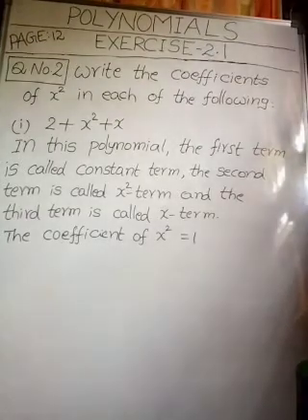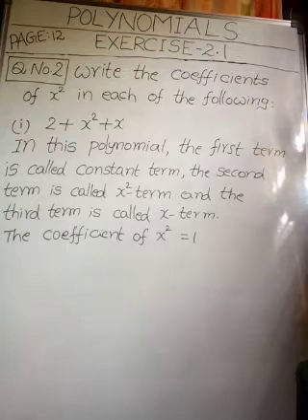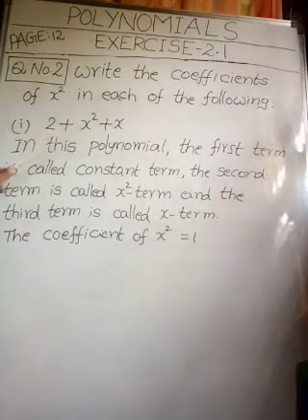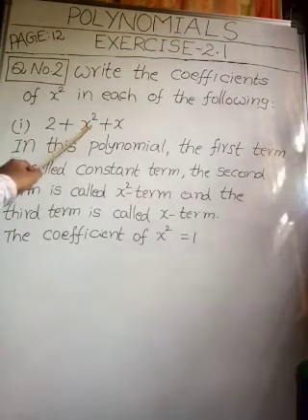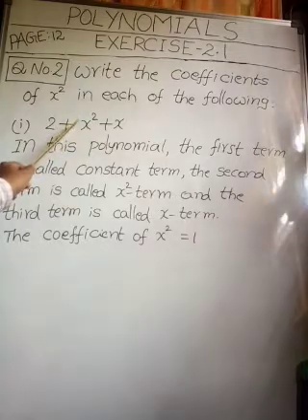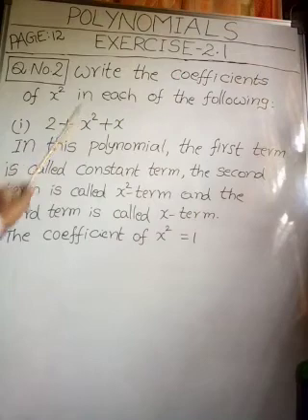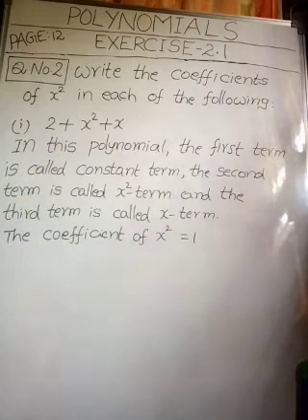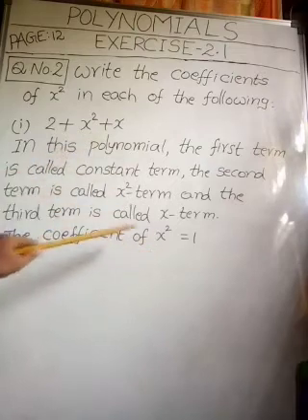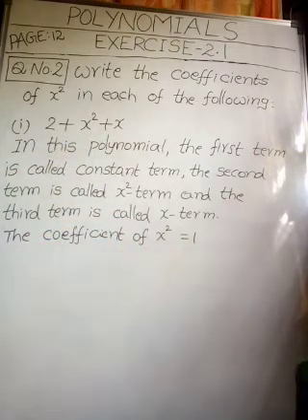It is the number which is written just before the variable. So here, x square: just before the variable, what is the number? Nothing is there. If no number is there just before a variable, we consider it as 1. So plus 1. Therefore, the coefficient of x square is 1.